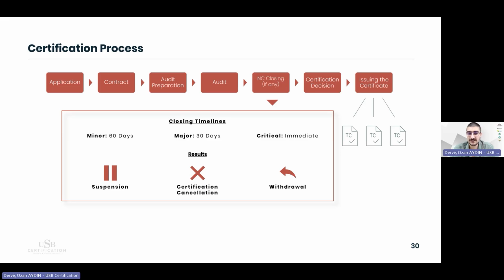So what can be the results of this non-conformity? It can end with a suspension, certification cancellation, or withdrawal. If there is an active scope certificate and the organization fails to close these non-conformities, this active scope certificate has to be suspended.